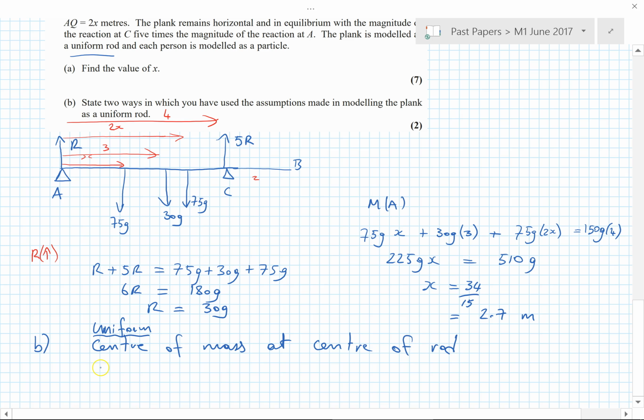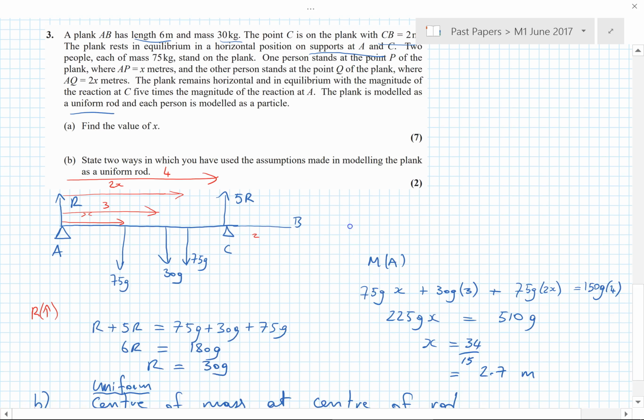And then the fact that it's a rod means it does not bend, or forces act on a straight line. Okay, so that question is done.